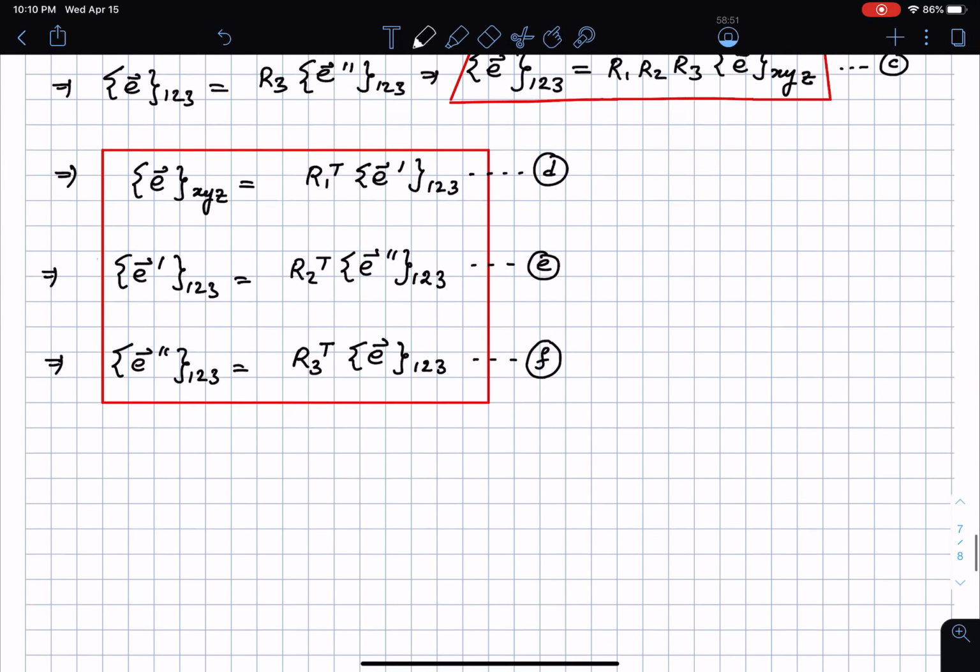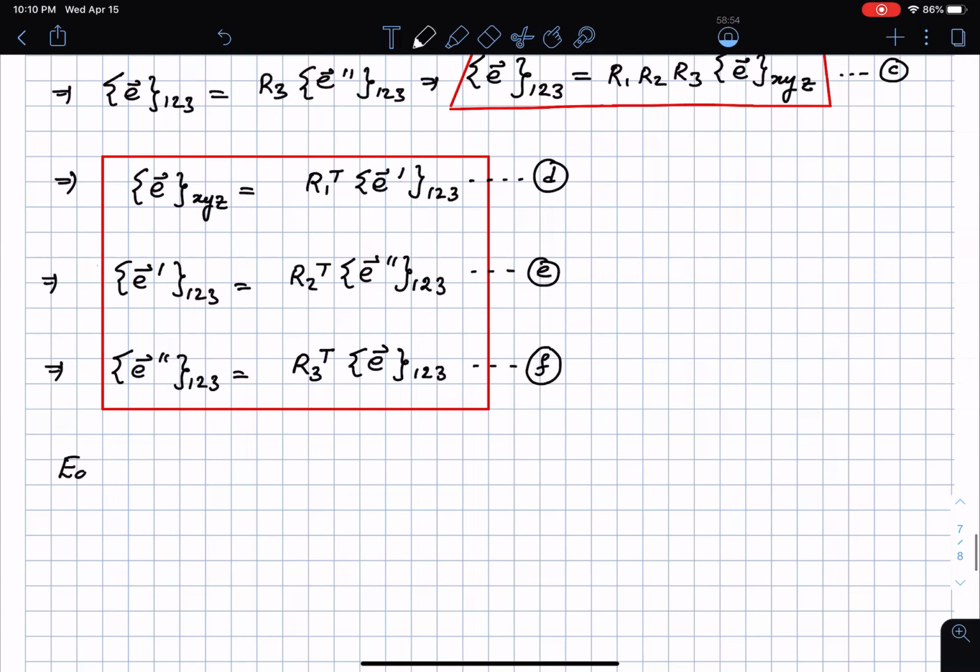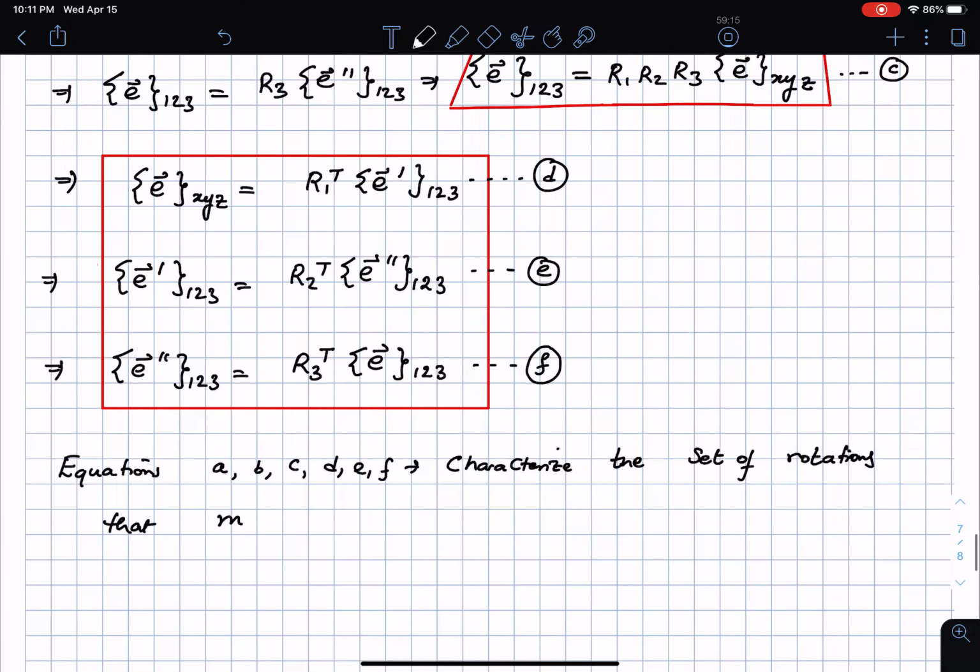Equations A through F characterize the set of rotations that make up the 3-1-3 Euler sequence.